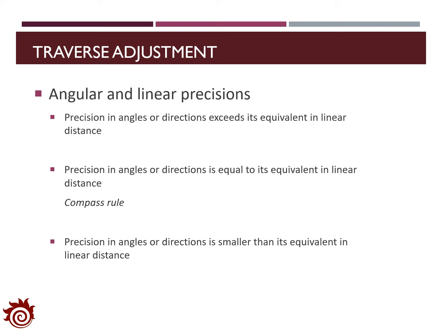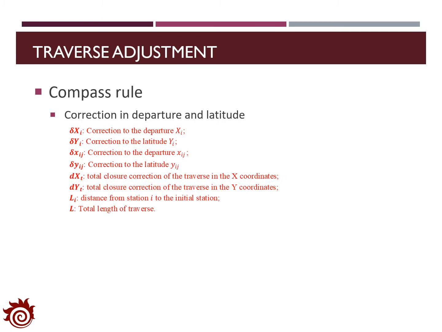The second one is the precision in angle or direction is equal to its equivalent in linear distance. And last one is smaller than its equivalent in linear distance. In this class, we will only consider the second condition, and we will apply the compass rule for the traverse adjustment. In the compass rule, the corrections are applied to the departures and the latitudes directly.